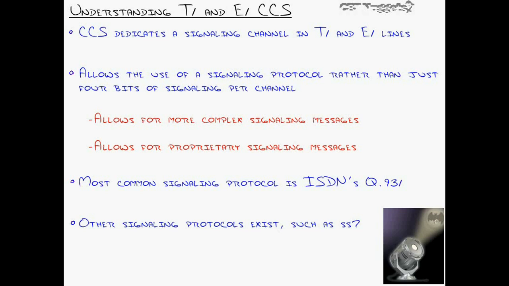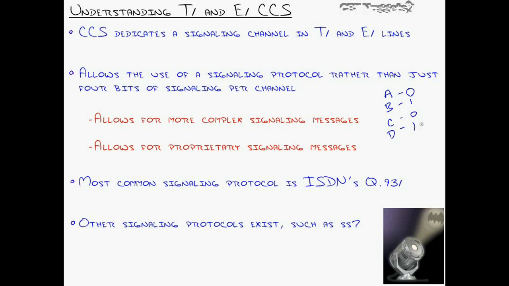Now remember, when we had our T1 or robbed bit signaling connection, we were able to put together the 6th frame, 12th frame, 18th frame, 24th frame with our extended superframe. We got 4 bits, like 0, 1, 0, 1, or something like that, we could send with signaling. Now, if you only have 4 bits to put signaling together, there's not that much that you can send.